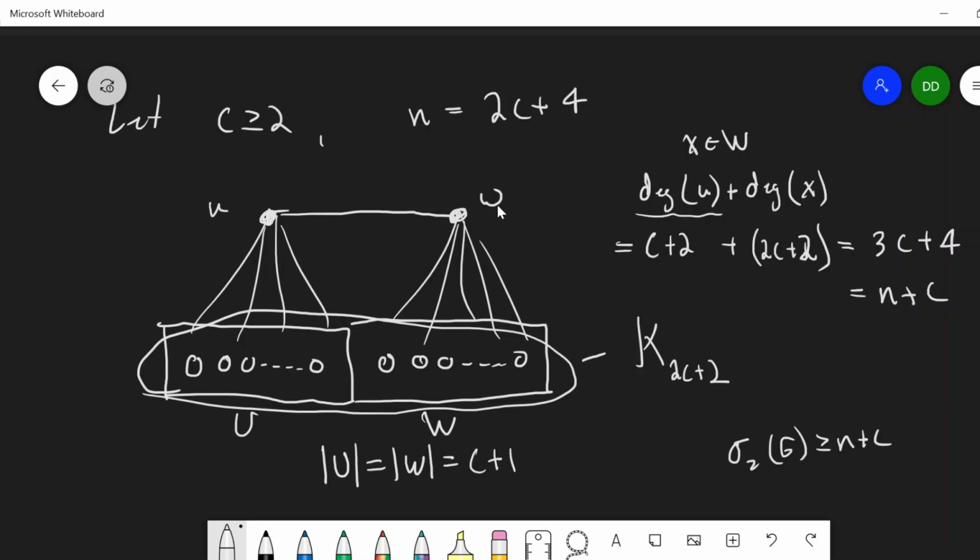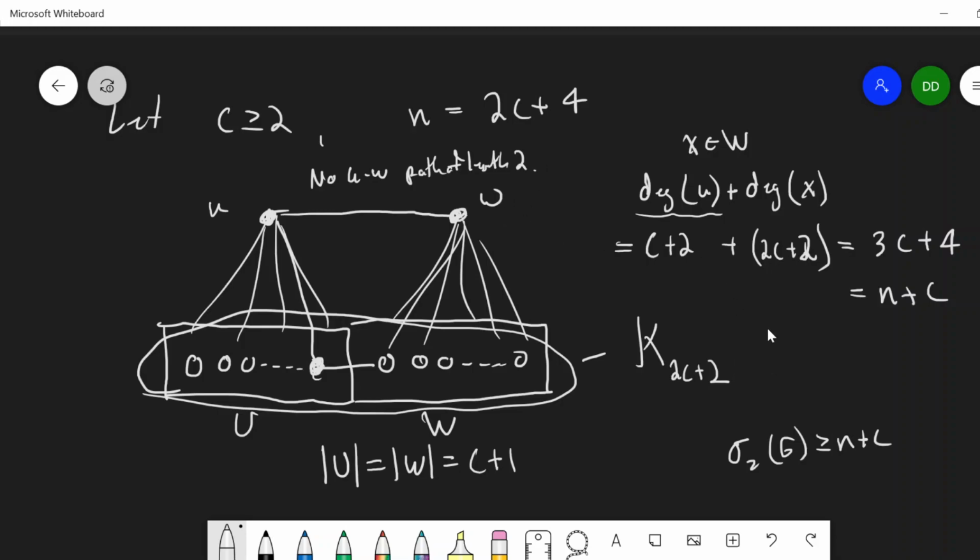However, there's no path of length 2 between them, because u is only adjacent to these vertices, so I'd have to go down here to some vertex here, and then there's no way back up to w immediately. I'd have to travel over here and then up. And so there's no u-w path of length 2.